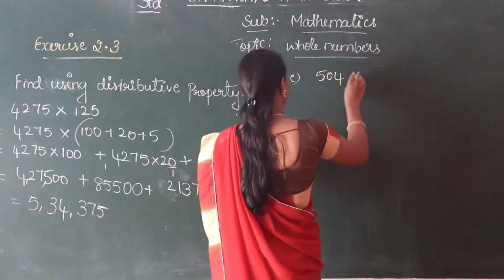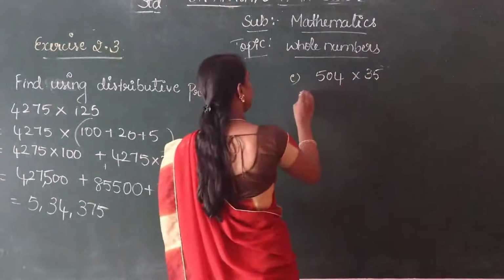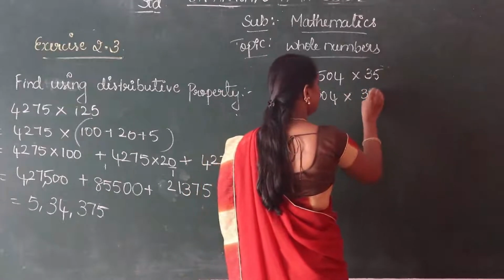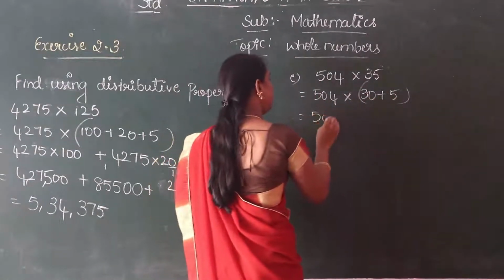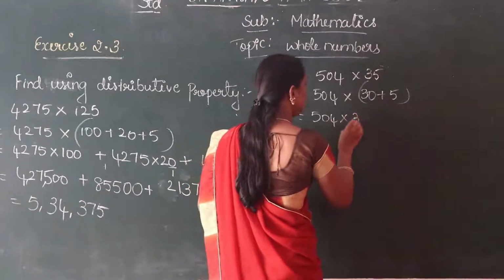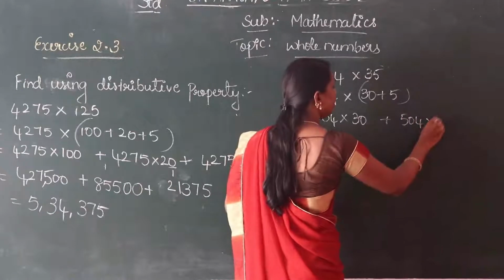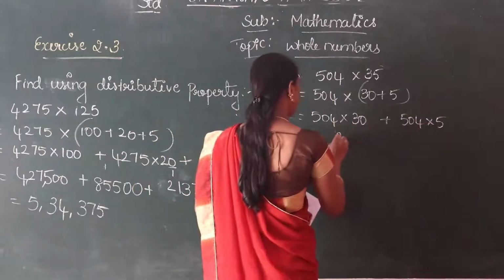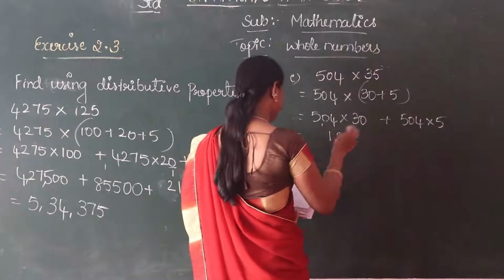Next sum, fifth sum. 504 into 35. Easily we can write 35 as 30 plus 5. 504 into 30 plus 504 into 5. So 5 3s are 15, 1 carry, 5 zeros are 0 plus 1, 1.